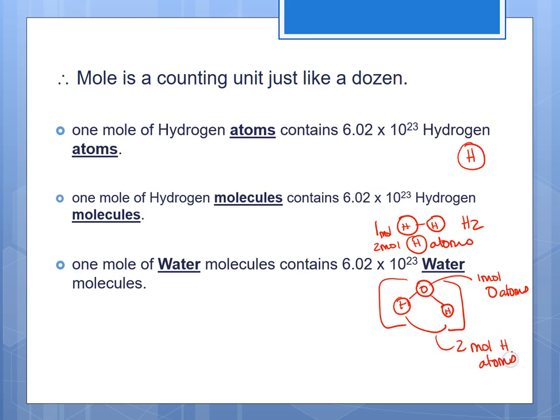It all matters about what we're counting, okay? So whereas 1 mole of water molecules, 6.02 times 10 to the 23 water molecules, I would have 1 mole of oxygen atoms and 2 mole of hydrogen atoms. We've just got to define where we're counting from, okay?